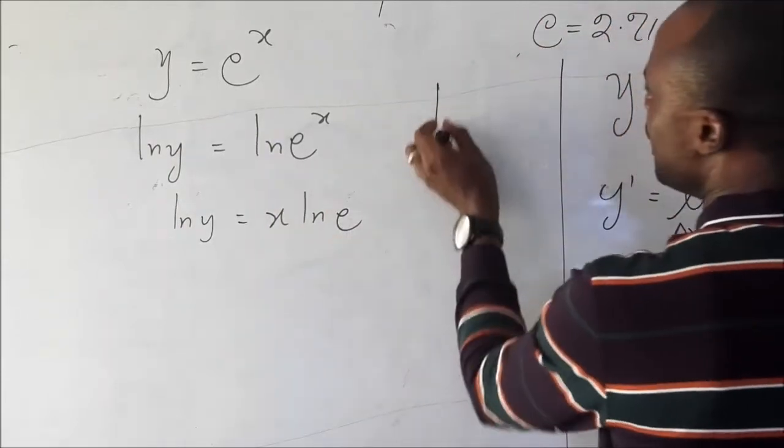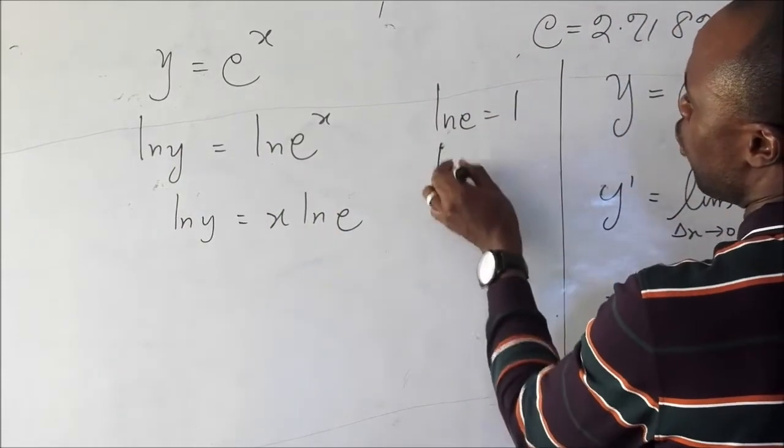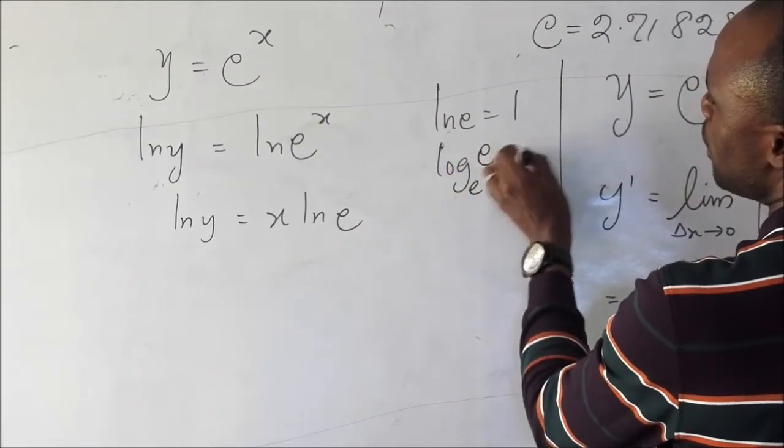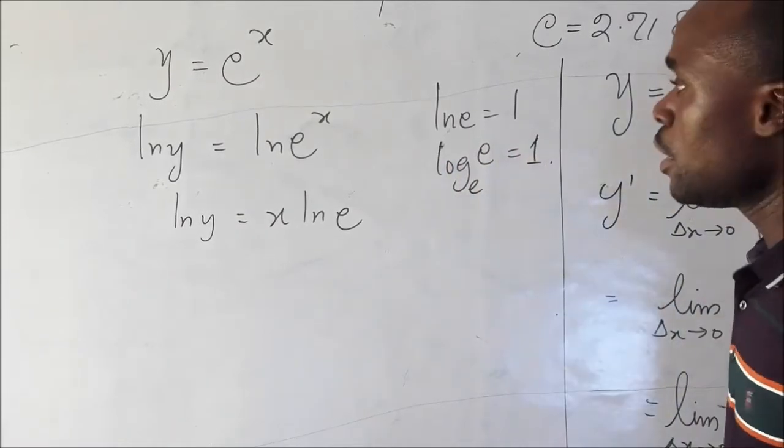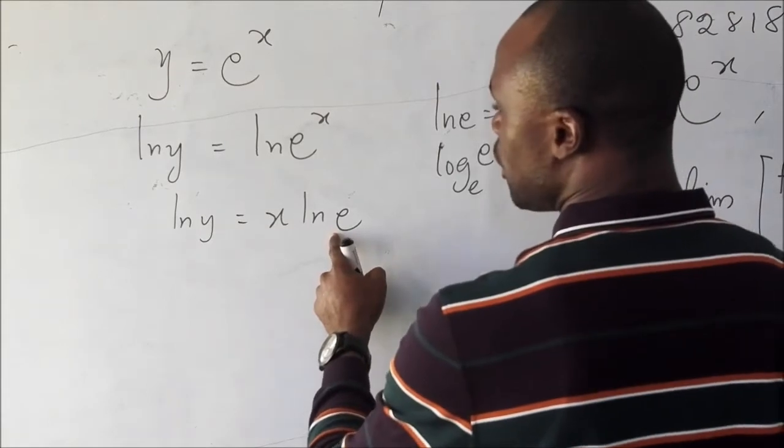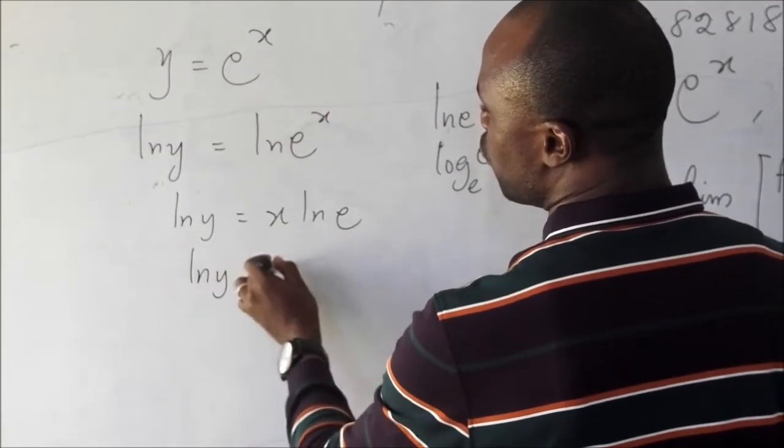Take note that ln e is equal to 1, that is, log e to base e is simply equal to 1. So ln y here is equal to x times 1.